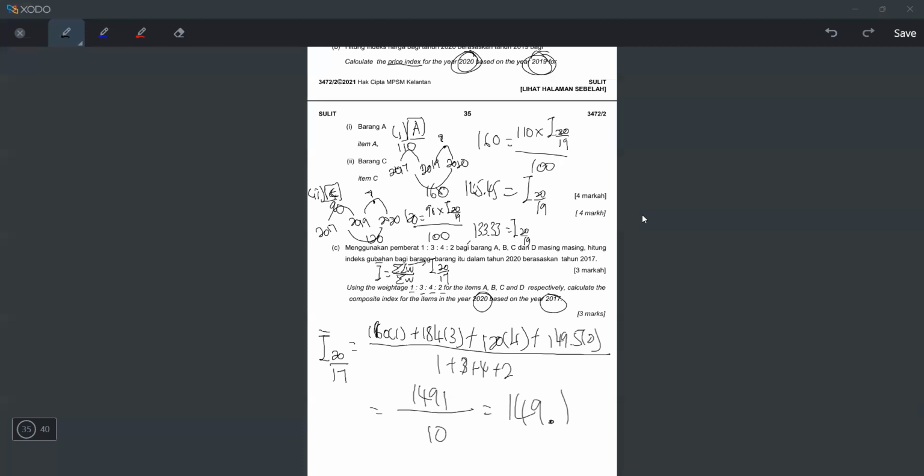Let's go to the Kuantan set. I will go through it with you.